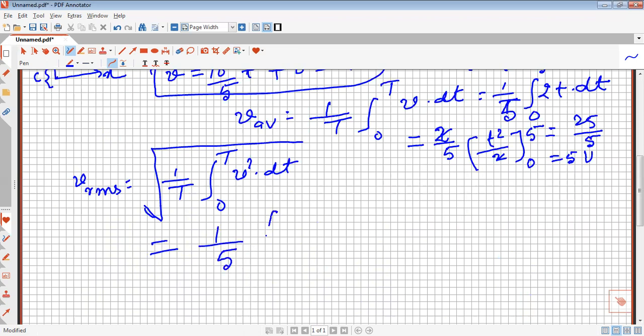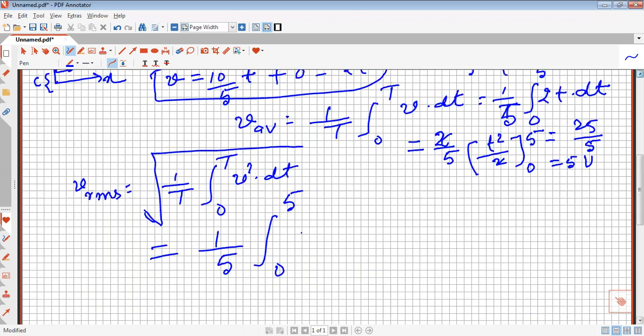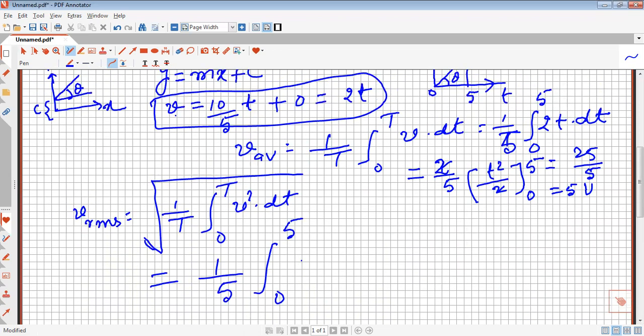Time period is 5, 0 to 5, v square. What is v? We have already calculated it by using the straight line equation. So v was 2 into t. So here it is 2 into t, squared, into dt, and then under root. So under root I am putting here power 1 by 2.